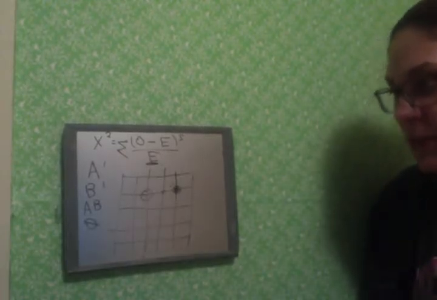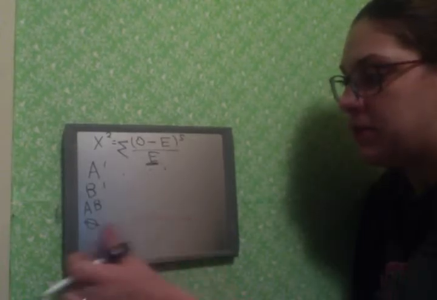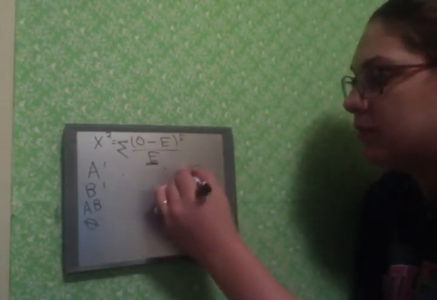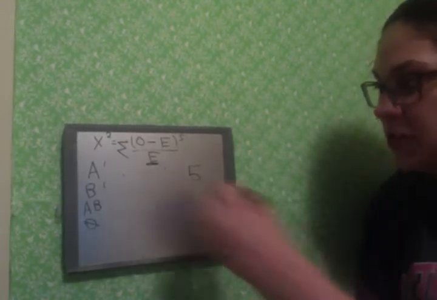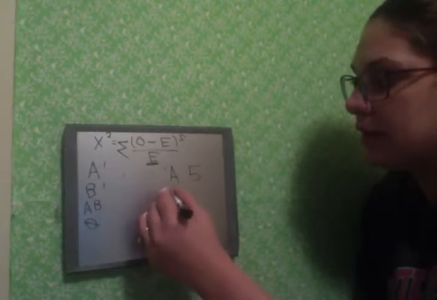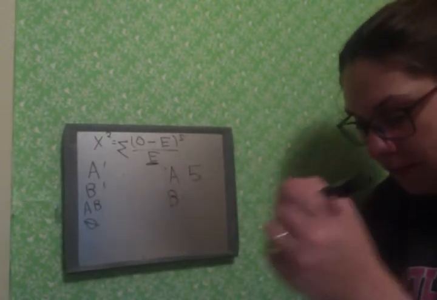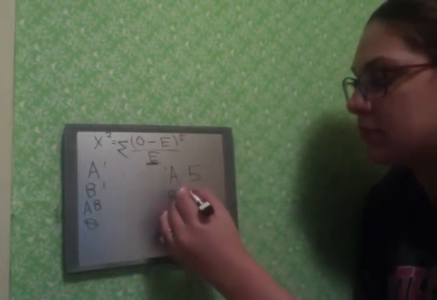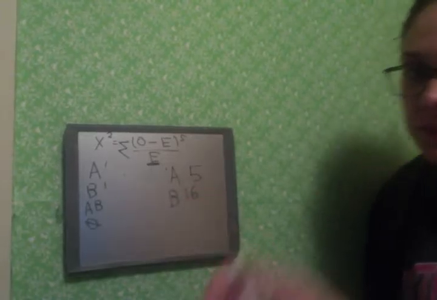So let's just say for species A, there was a total of 5 times that there was clovers. For species B, let's just say there was a total of 16 times there was clovers.